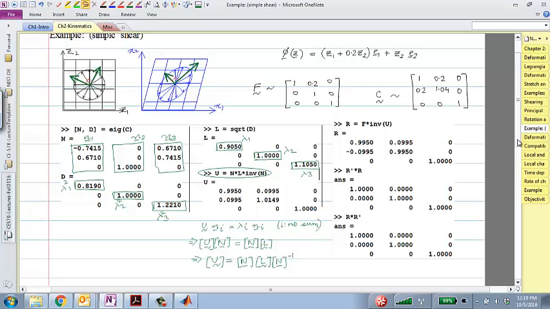But at least conceptually, what you should understand is how you could calculate any of these tensors. If I give you an F tensor or a C tensor, how to calculate R, U, and V from them.